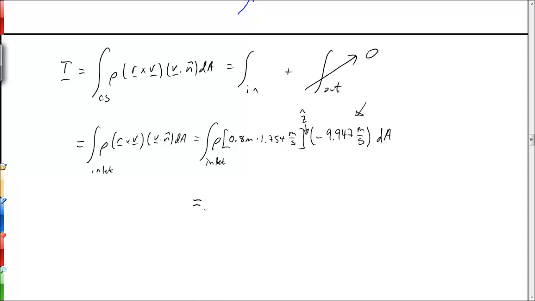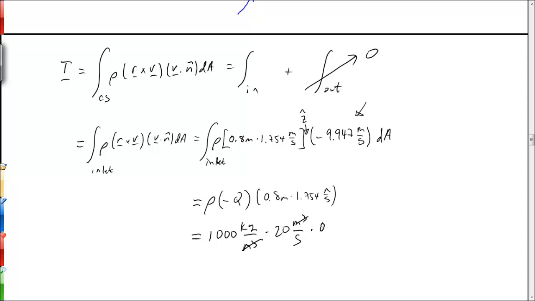So all this is going to be equal to rho times minus Q times 0.8 meters times 1.754 meters per second, or 1,000 kilograms per cubic meter times 20 cubic meters per second times 0.8 meters times 1.754 meters per second.